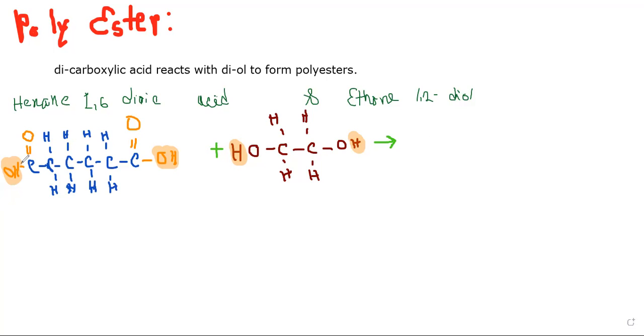If we remove OH from here, we are starting from the first carbon atom of hexane dioic acid. At the first carbon atom, make sure to put a bond here. The first carbon atom is attached with double O, and then move through six carbons: 1, 2, 3, 4, 5, 6, with all the H groups.